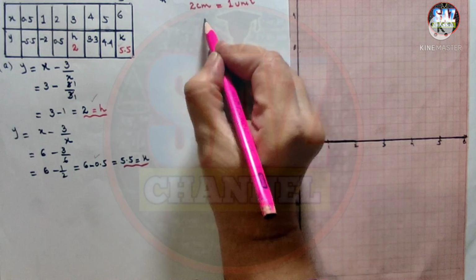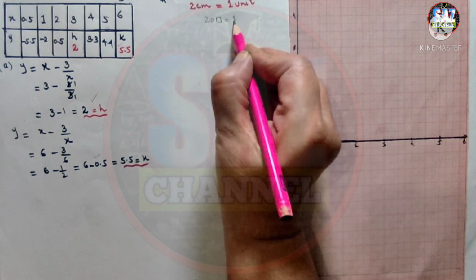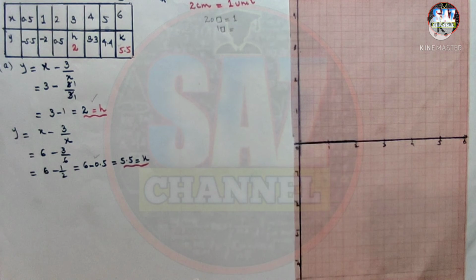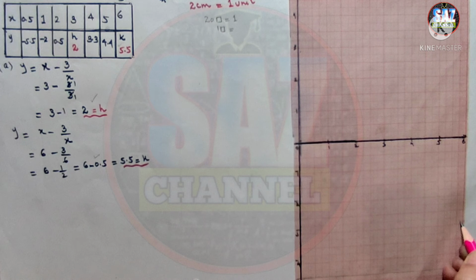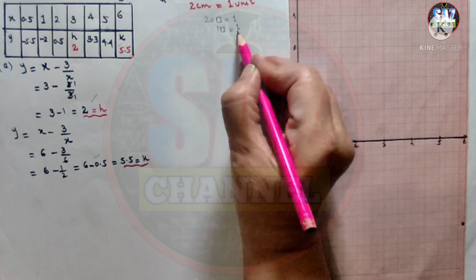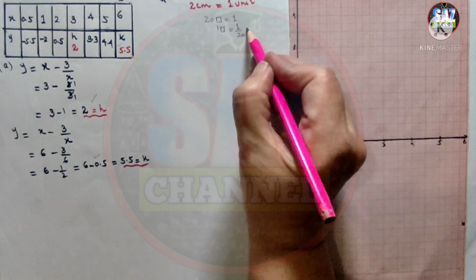Let me highlight the block here so that my students can understand what I am talking about. 1 small block has the value 1 by 20, and 1 divided by 20 is 0.05.